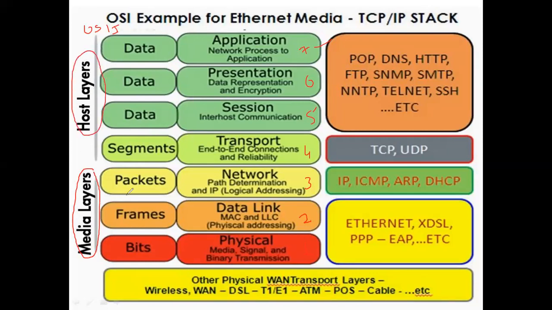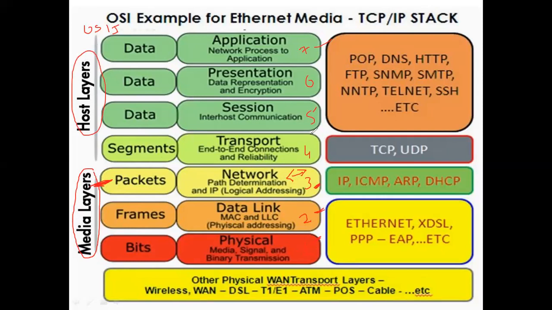Up to the hardware part, it is known as the media layer. At the network layer, the router, till the router is working over here. So till here it is known as the media layer, because over here we are connected with wire, right? Over here we are connected with devices, and over here also we are connected up to devices. That's why it is known as the media layer.